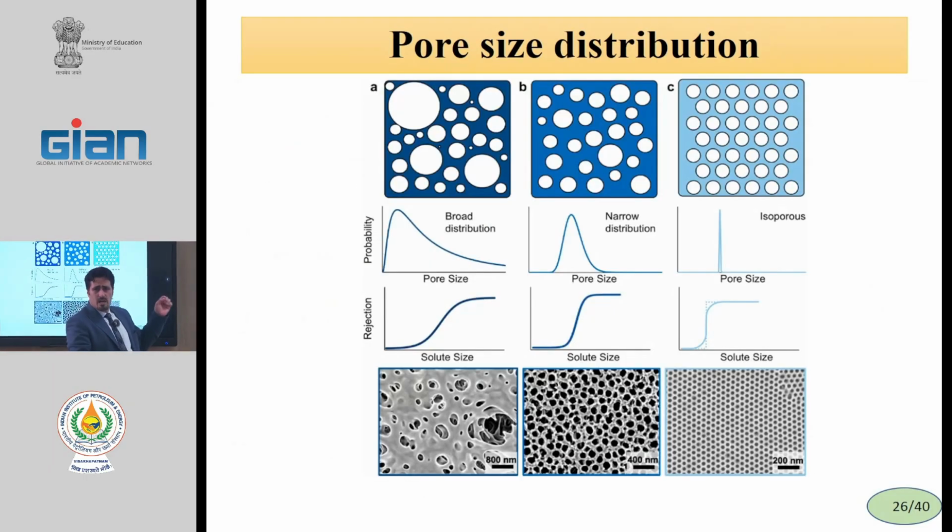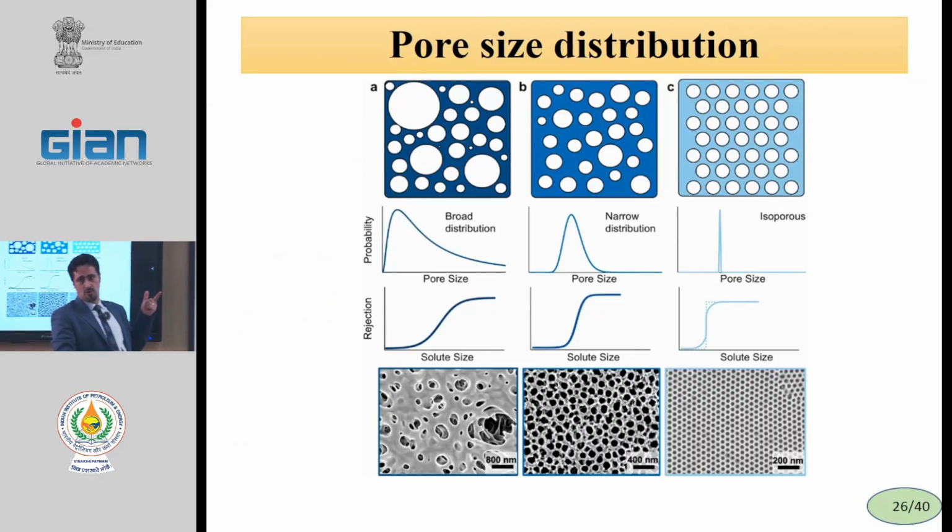Another aspect is pore size distribution. Pore size is different from pore size distribution. Pore size distribution means how similar the pore sizes are to each other. When we have a similar pore size, it is very good for selectivity, and these membranes have a sharp separation.